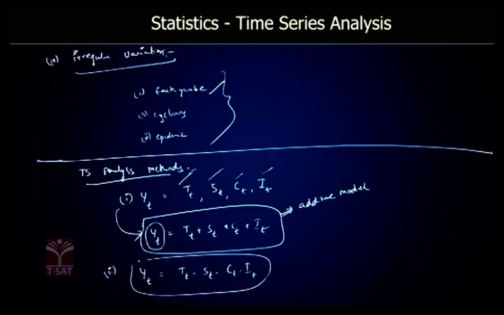Then we call it the multiplicative model. So these are the two methods by which we analyze our time series. The first is each effect acting independently on the YT, and the second is each variation acting proportionally on the YT.